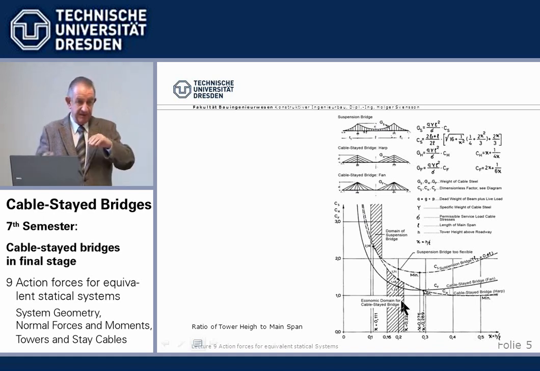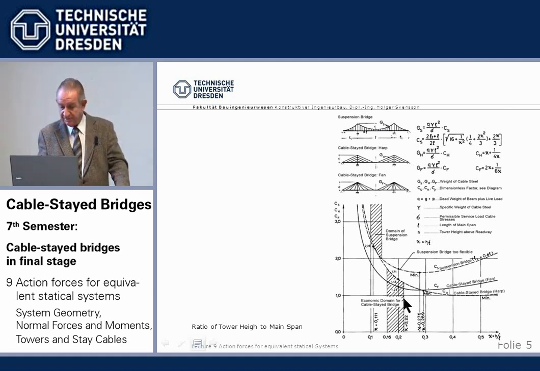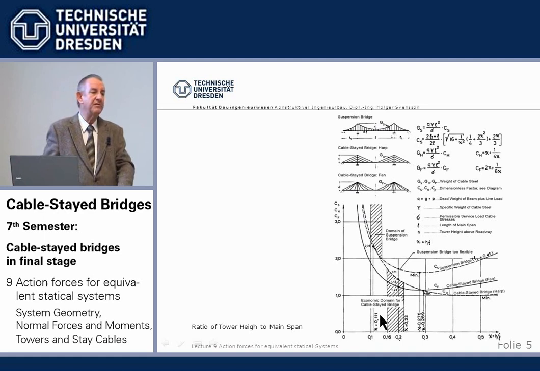But naturally we then also have an increased height of the tower, which also costs. So we must find the minimum from the cable steel required plus the tower costs. And that minimum for a cable stayed bridge is in the range here, something like 0.2 or 1/5.